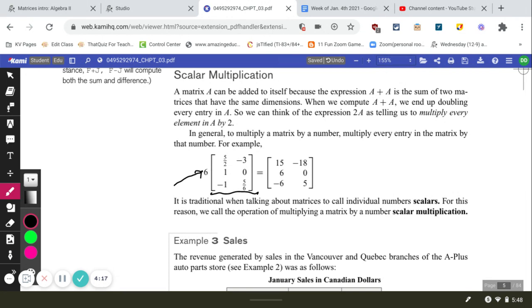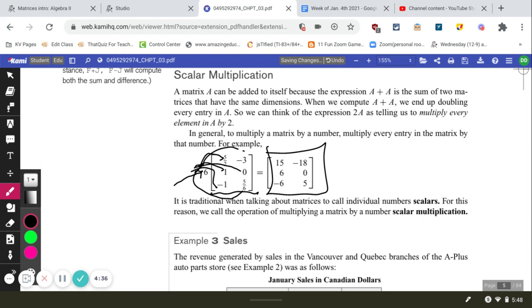There's a lot more to talk about with scalars, but this is the simplest scalar. We're going to take that number 6 and multiply it through. We're going to distribute it to all 6 of these numbers on the inside, and that's what you get as a result.